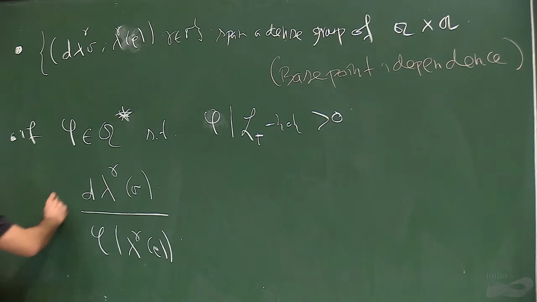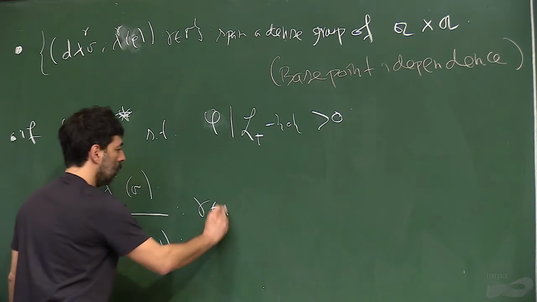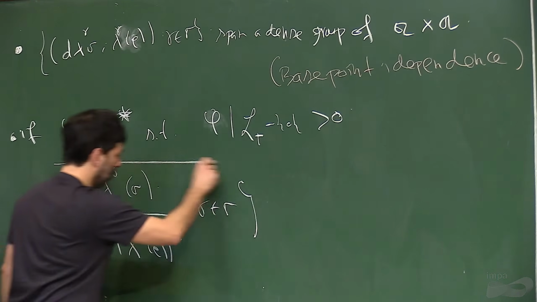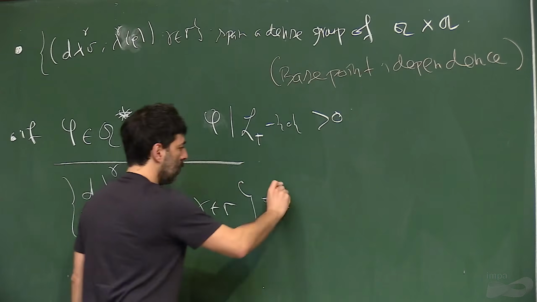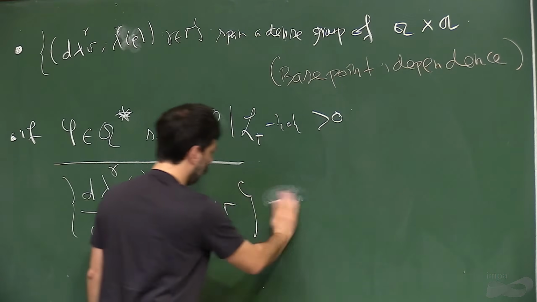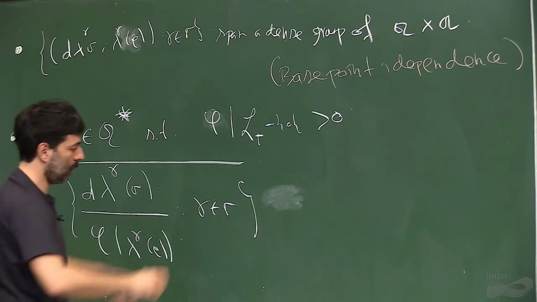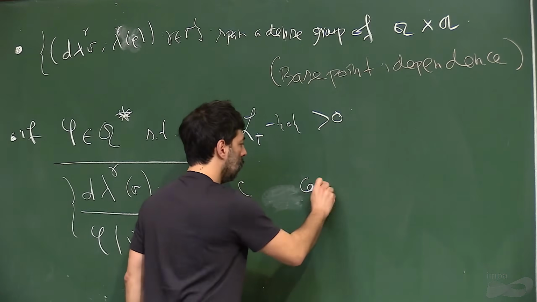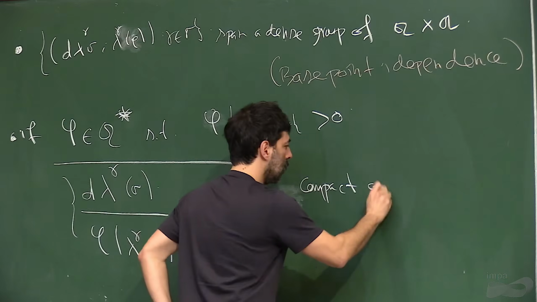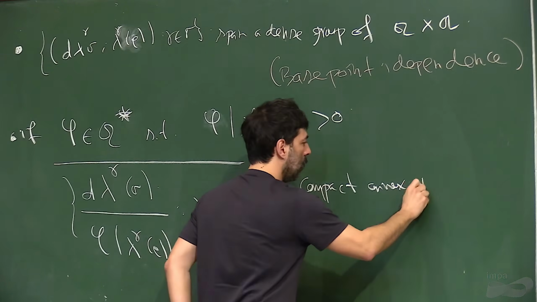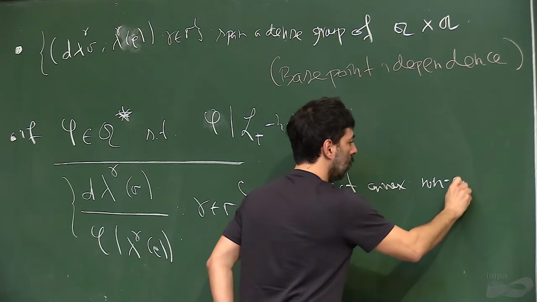And now you look at the set. You take the closure, and you give a name to this. Maybe you don't, because we're not going to use it. But the point is that what you get now is a compact, convex, non-empty interior set.